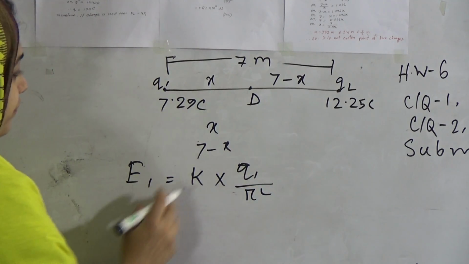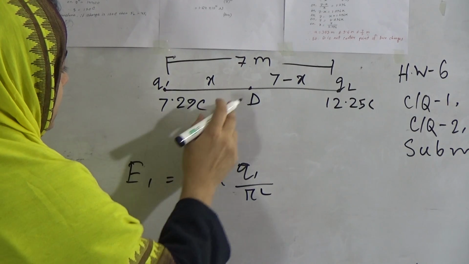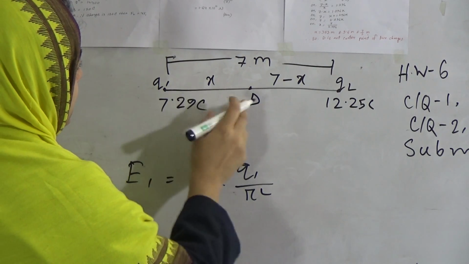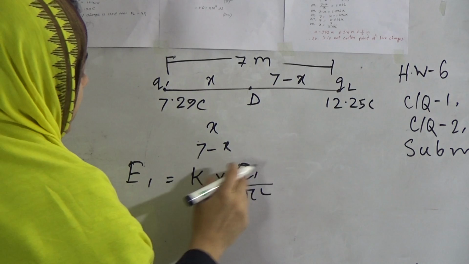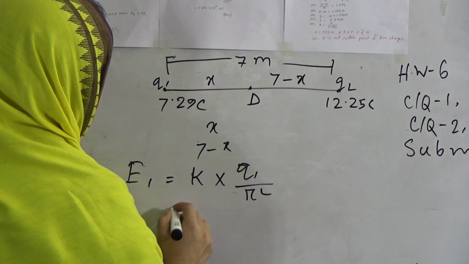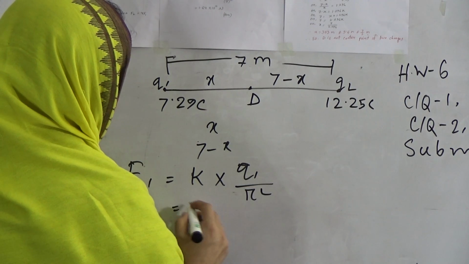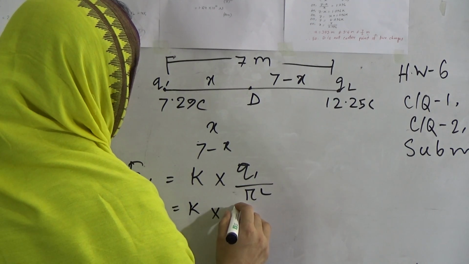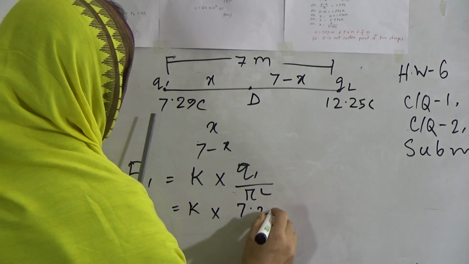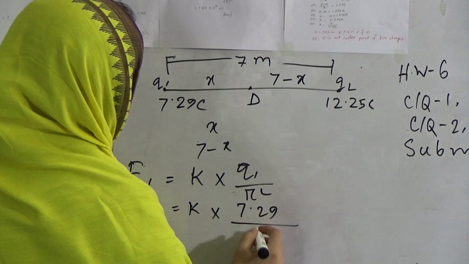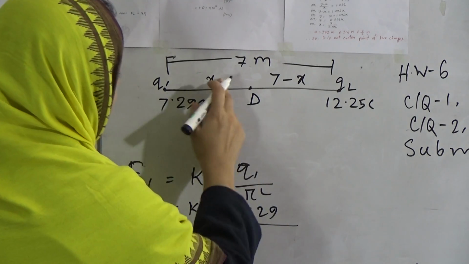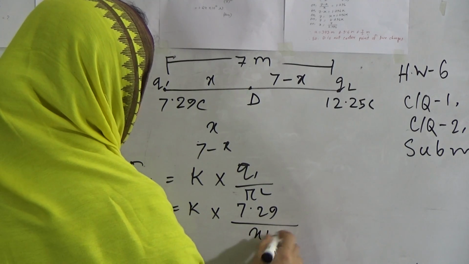Now put the value: K, into Q1 which is 7.29 coulomb, divided by x square.